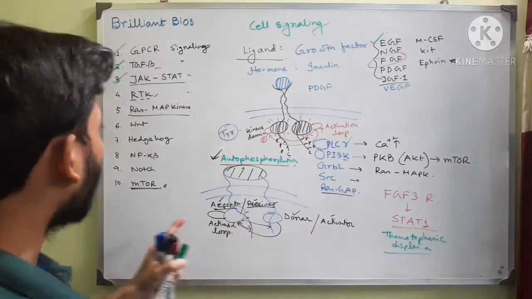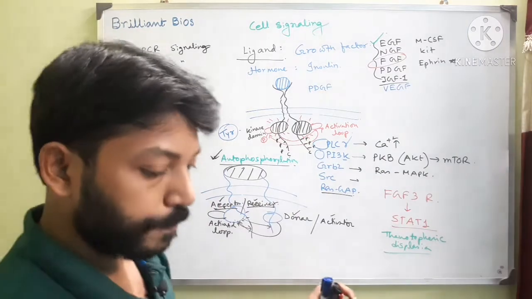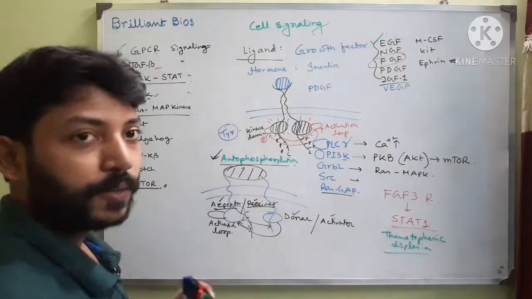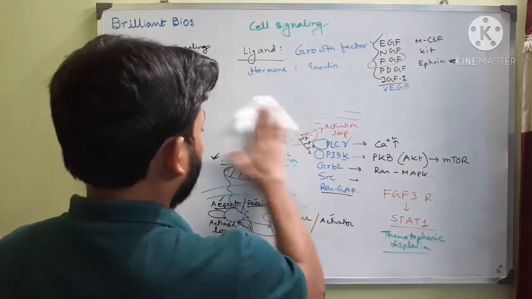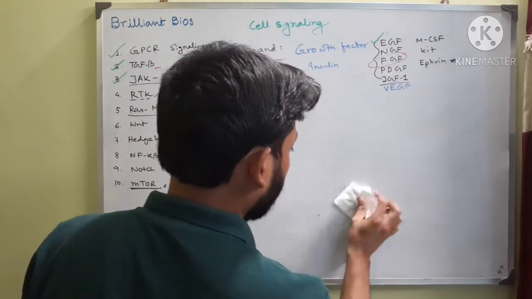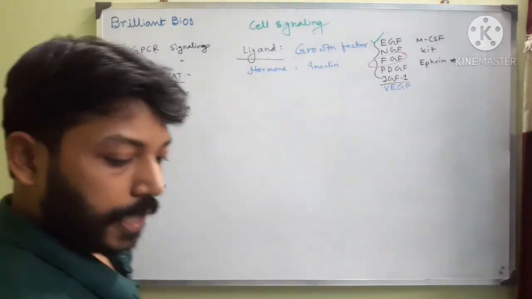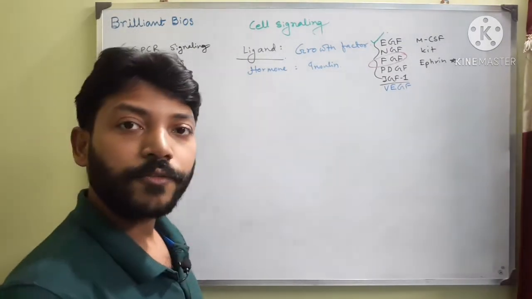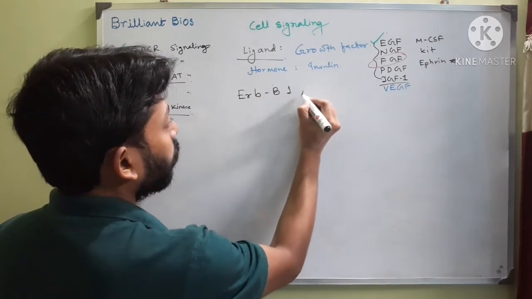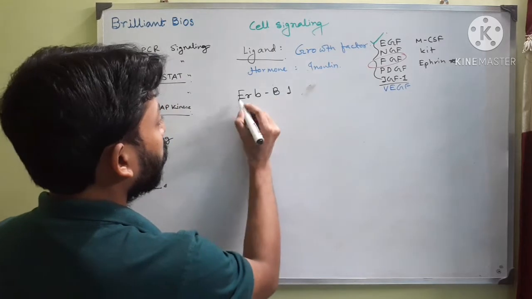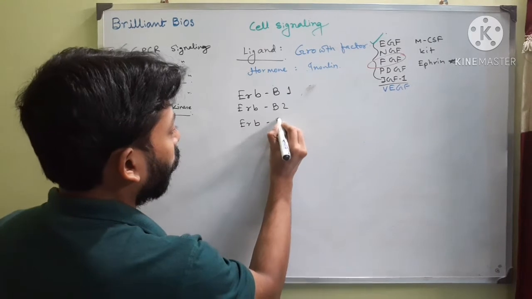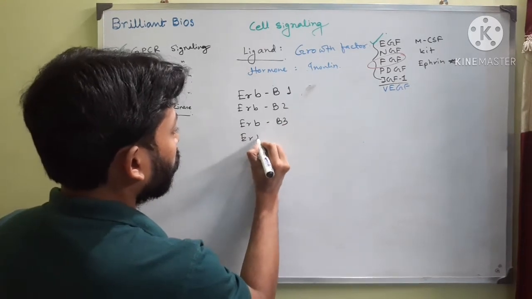So you can see the importance of this RTK pathway. Now I want to give you an example of the EGF receptor in great detail. In case of the EGF receptor, the receptors are named ERB B1, ERB B2, ERB B3 and ERB B4.